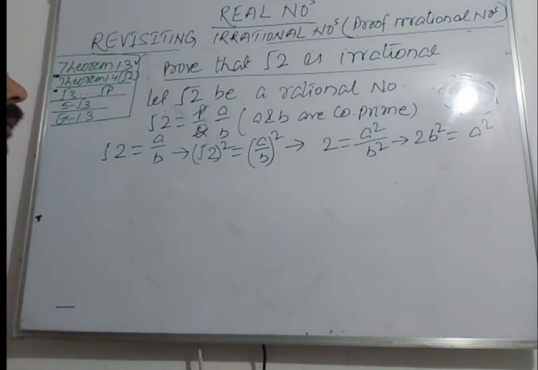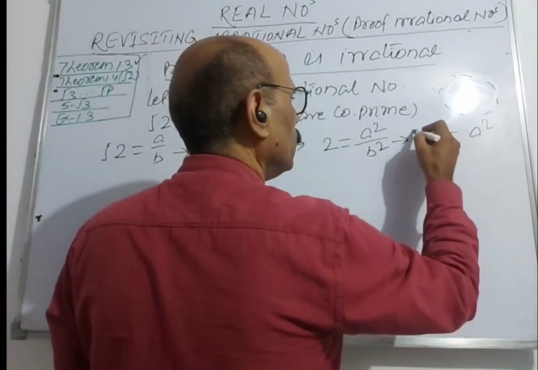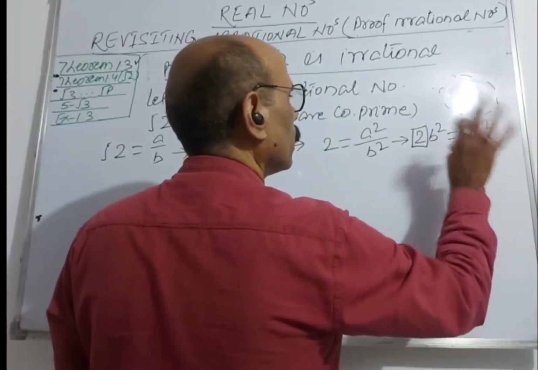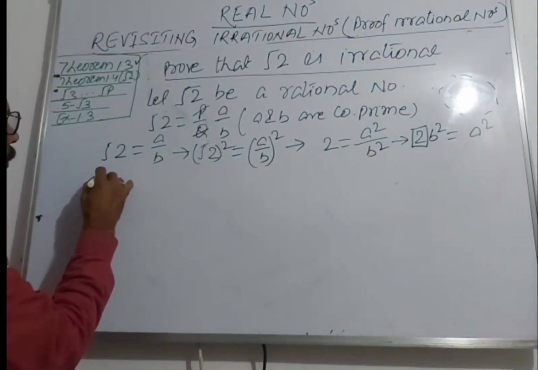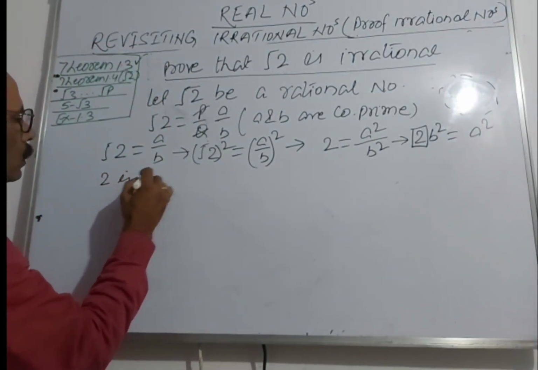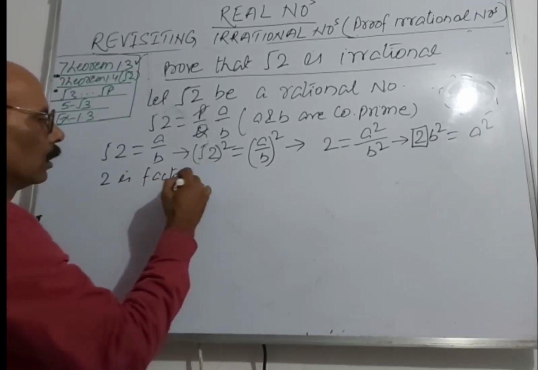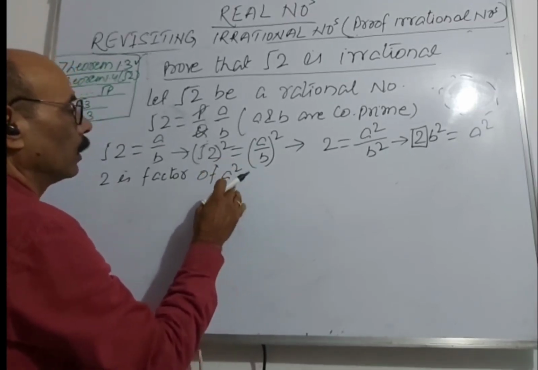What is this here? This a square has a factor of b square, and 2 is a factor of a square. So 2 is a factor of a square.